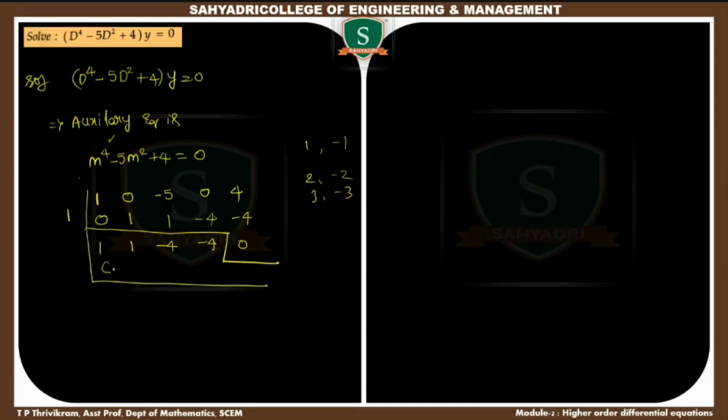So again put 0. Now 1 we have already taken. Next, go for another number. So I'll take minus 1 here. So if you substitute minus 1, let us see. If you are getting 0 here at the end, then no need to worry. So minus 1 is a solution for this. First I'll add 1.